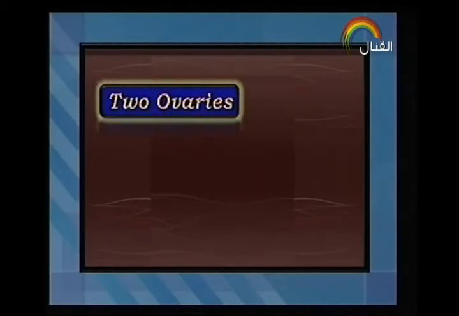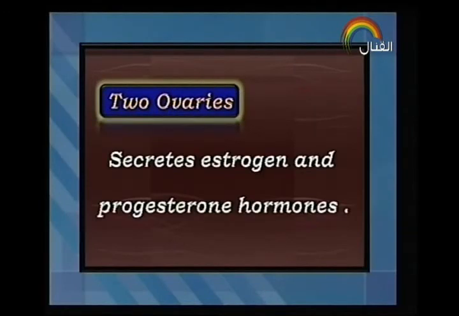which is what? Two ovaries found in the female, and they secrete estrogen and progesterone hormone. And as you know, estrogen is responsible for the same sequence as in male. It has an important role in what? Yes, the appearance of secondary female characteristics. Like what?